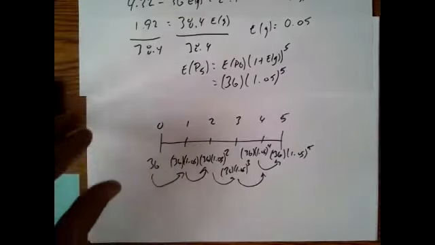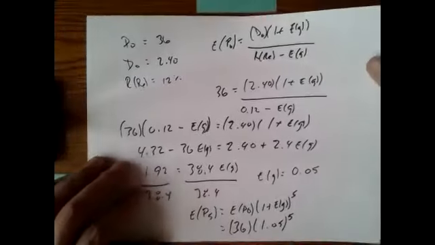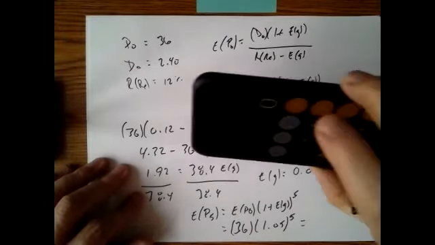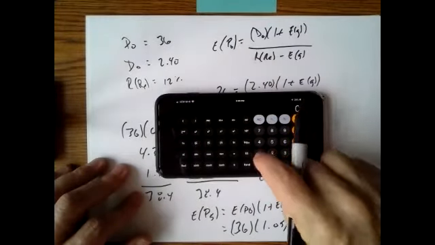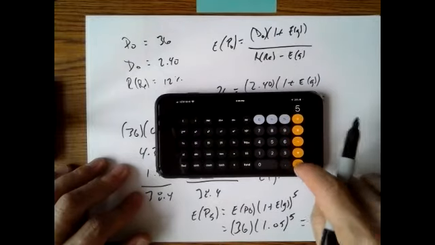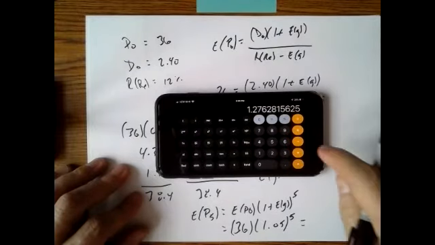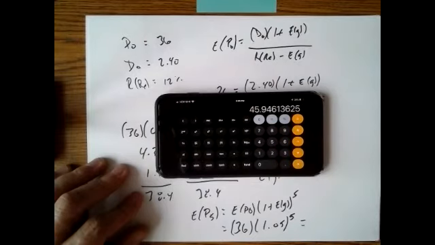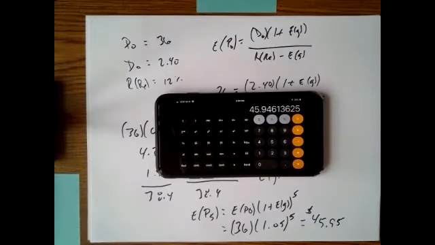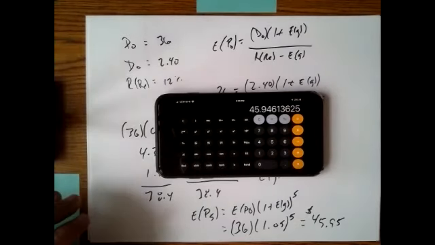So to figure out what EP5 is going to be, the expected value at time 5, I'm simply going to take 1.05 raised to the 5th power, which is 1.27, times 36, which gives me 45.95. So that is the answer to 12.2. I'll stop there.